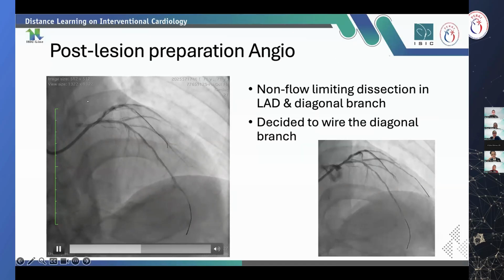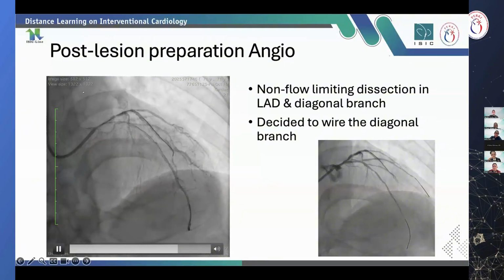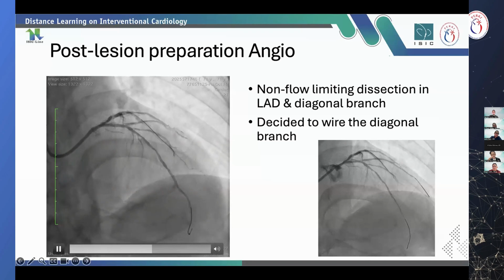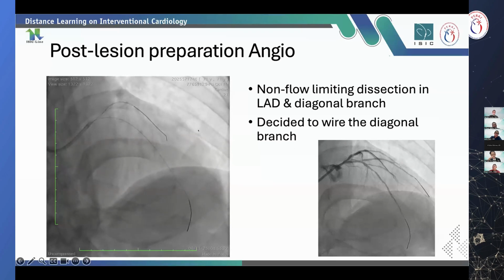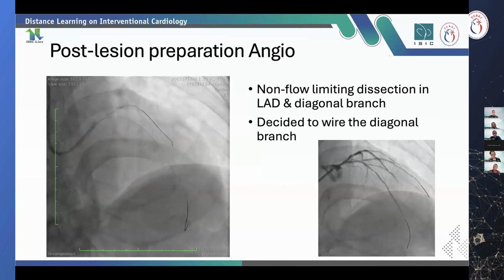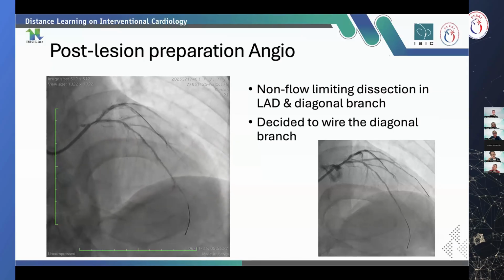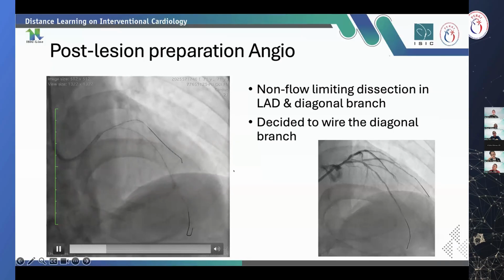After the first predilatation, we can notice here together that there was a non-flow limiting dissection in the diagonal branch. I was quite frightened at that time. Therefore, we decided to protect the diagonal branch with a wire before it is further compromised or closed, even though it will cause us many troubles later on.